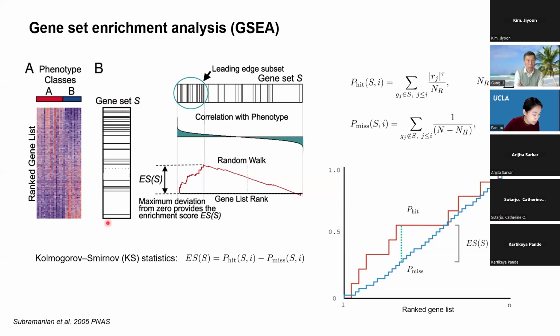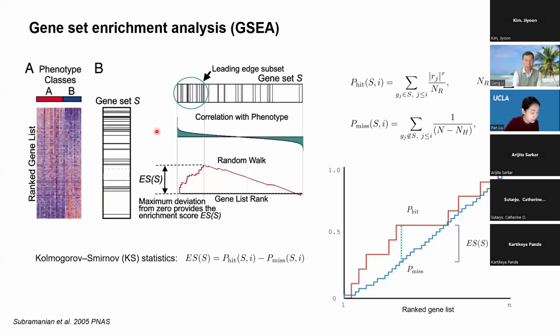Like this bar here tells you its distribution. And if it is uniformly distributed along this ranked list, then that means there's not much enrichment. But if it assembles to the top, for example here, or assembles to the bottom, then that means the gene set is enriched in some way, either upregulated or downregulated.